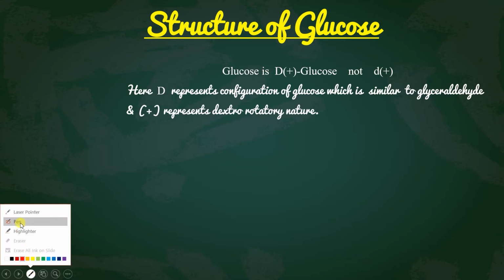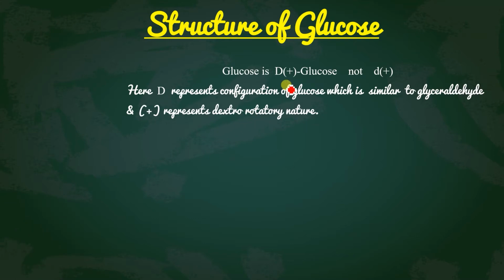Here the D structure of glucose resembles the structure of glyceraldehyde. It doesn't mean dextro. It explains the resemblance of the structure with glyceraldehyde, not dextro. The small d, if we write it, that is called dextro.